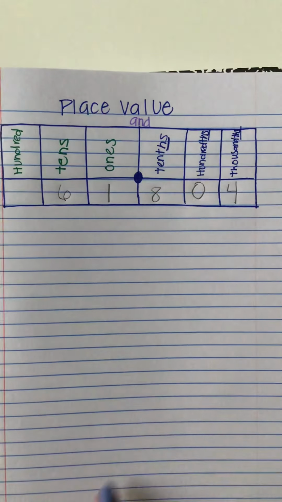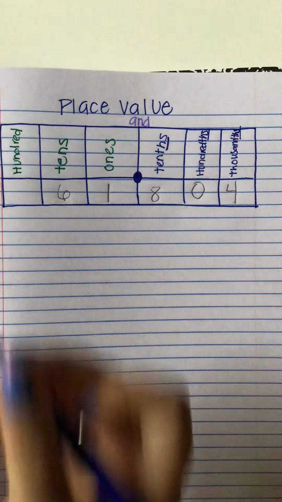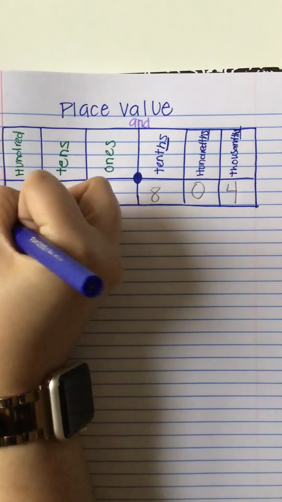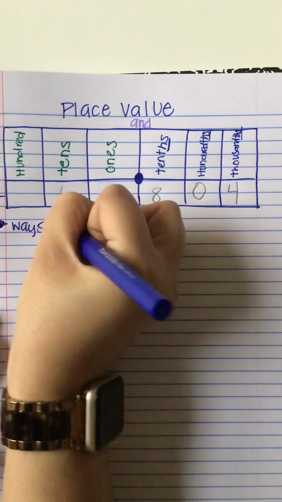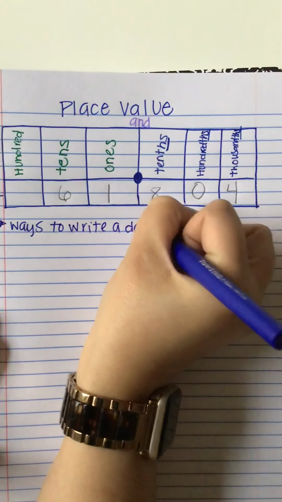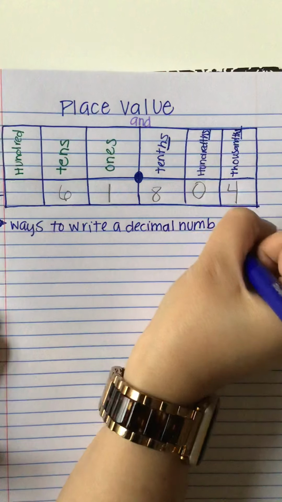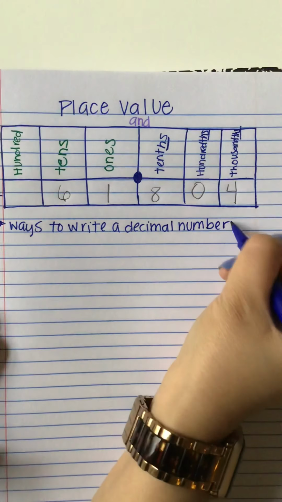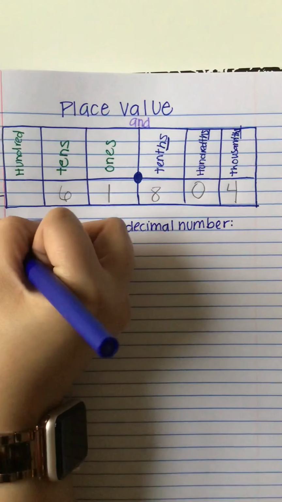Okay, so there are a few ways to write a decimal number. Okay, the first one is standard form.